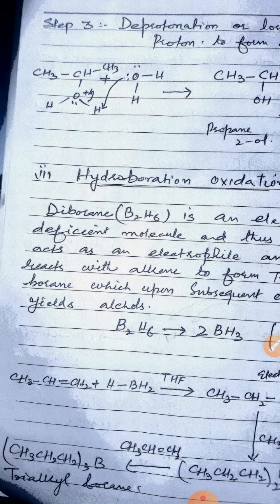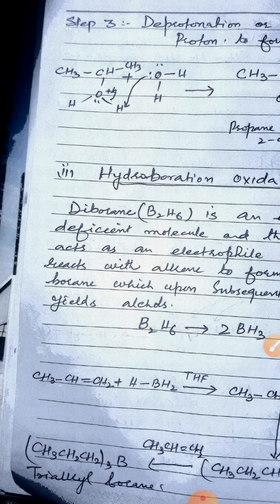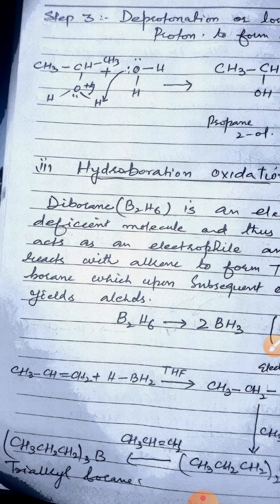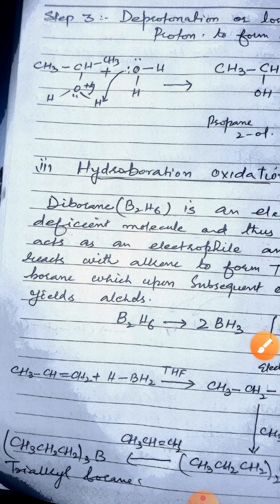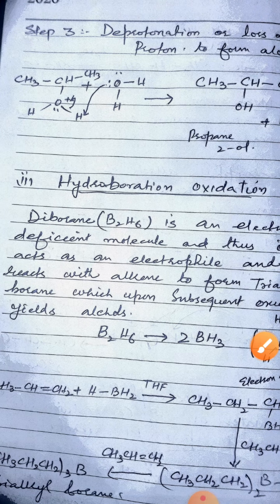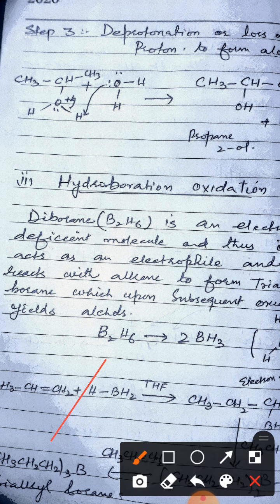Here what happens, this H goes to carbon number 2, this H goes to this carbon, so that we get CH3, CH2, CH, and this BH2 goes to this terminal carbon CH2.